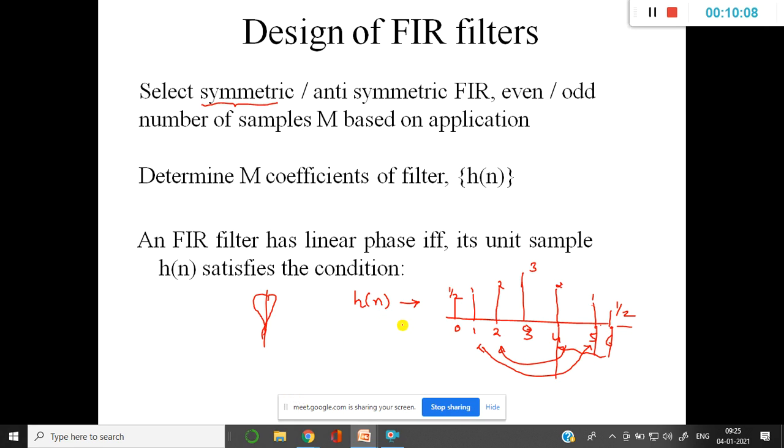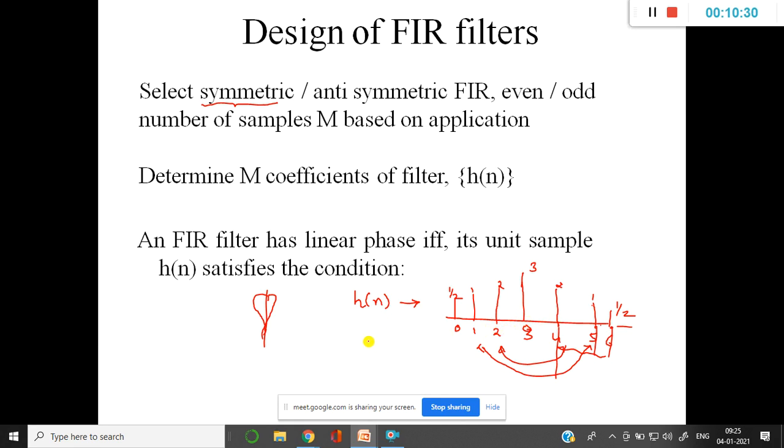Let us study the characteristics of how to obtain this. If the samples are symmetric, most of the time in the discrete domain, as we observe the Fourier transform, the DFT, most of the time it is a symmetric signal, is it not?